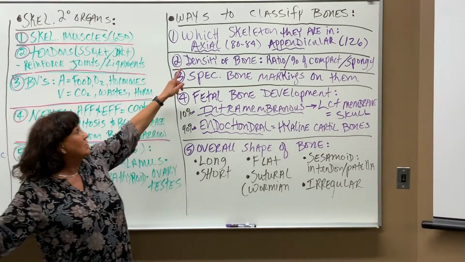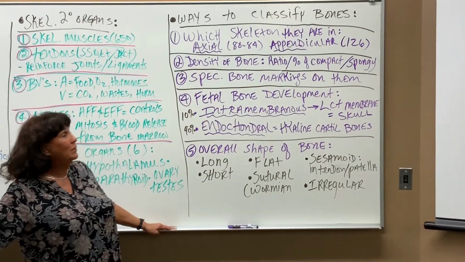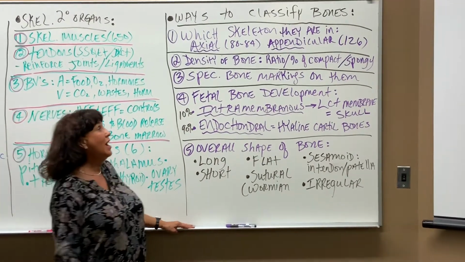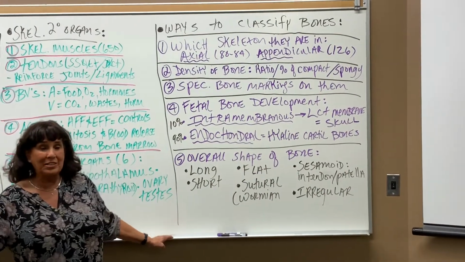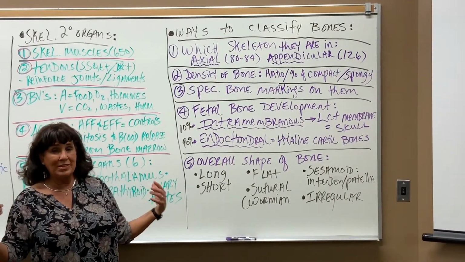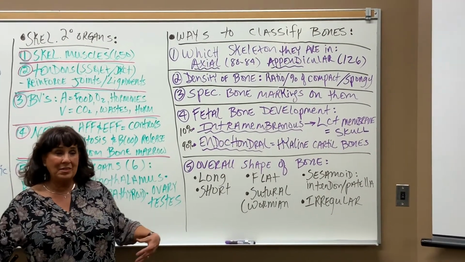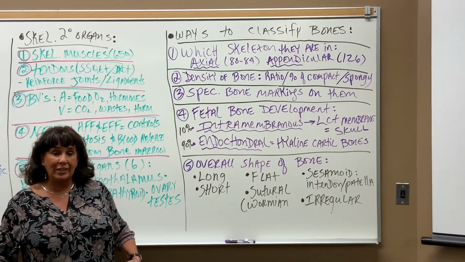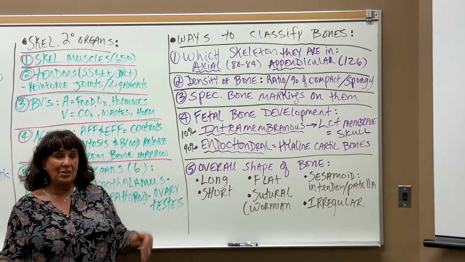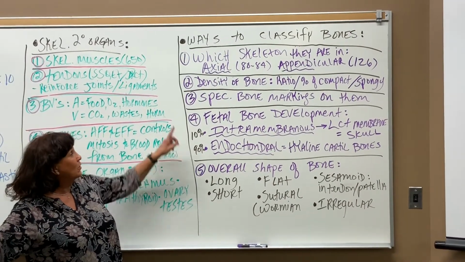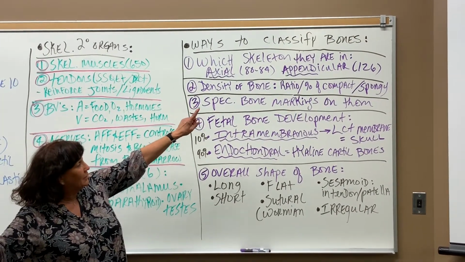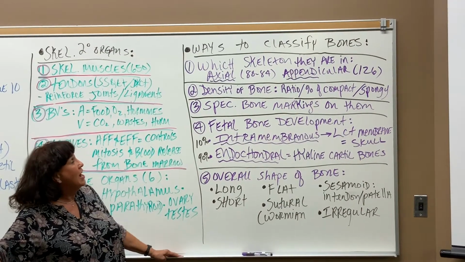So 80 to 84 bones would be in the axial skeleton. And then the other skeleton is called appendicular. Appendicular means the arms and the leg bones, and then the bones associated with the joints. So the pelvis would be in there, the clavicle, the scapula, and those would all be in the appendicular.